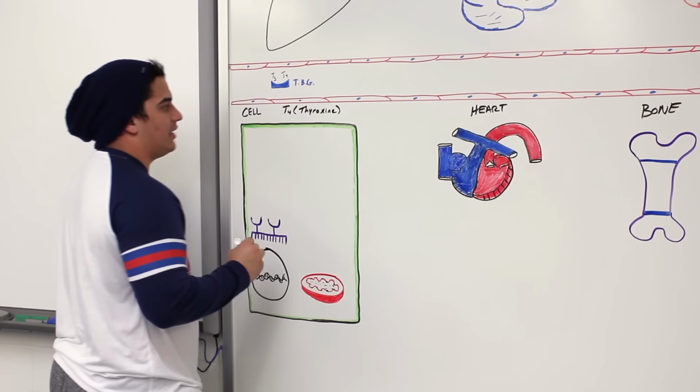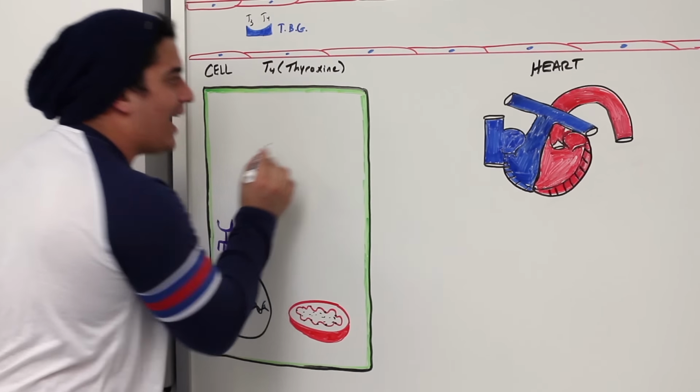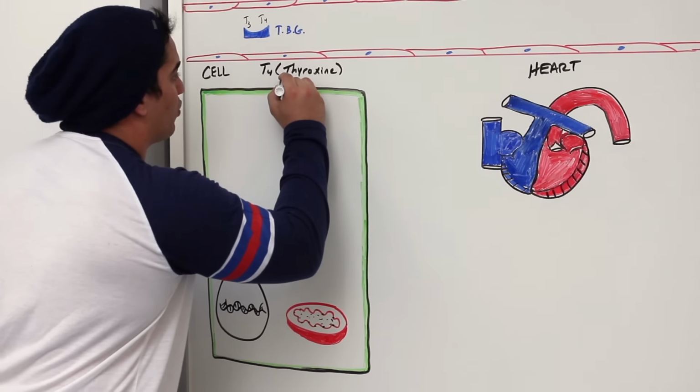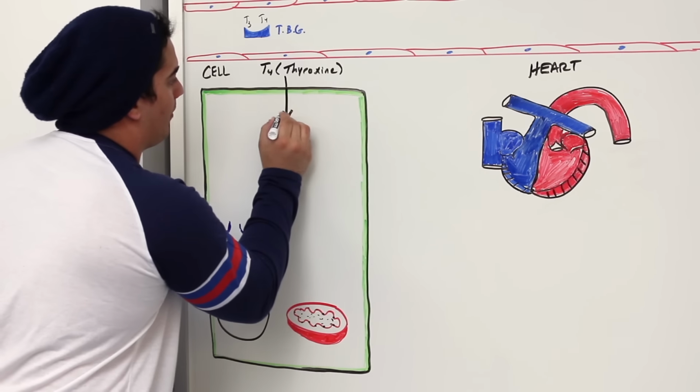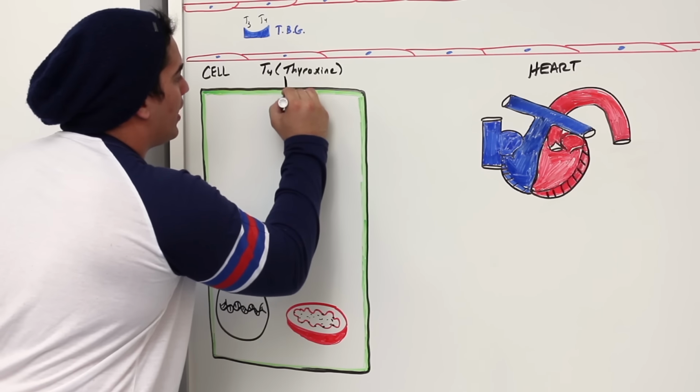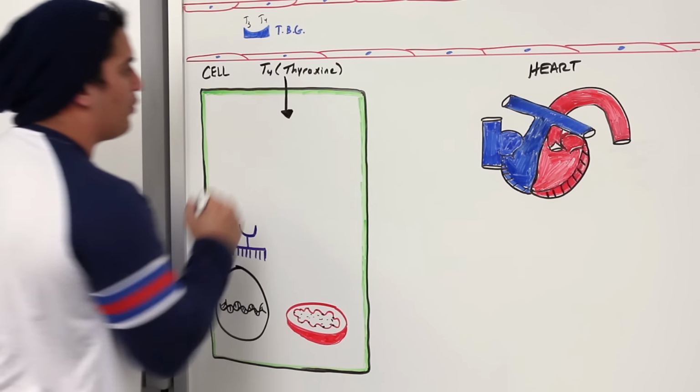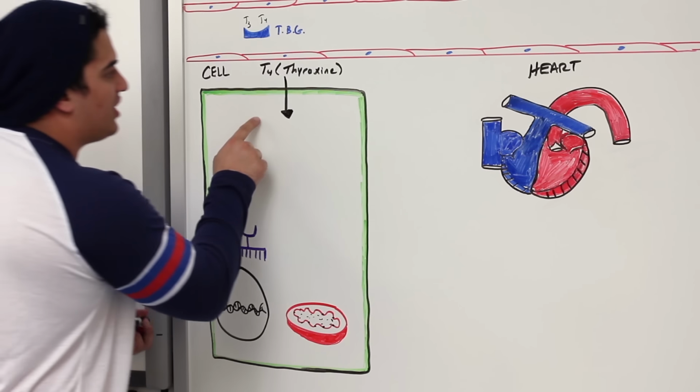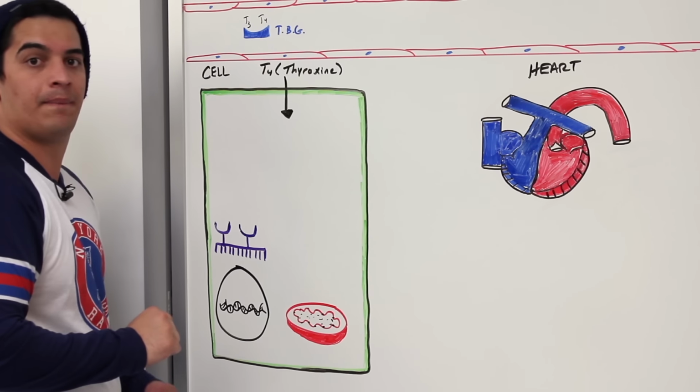T4, or thyroxine, has the ability to pass through the lipid bilayer. So look, it actually moves right through the lipid bilayer. When the thyroid hormone gets into this target tissue, there's a specific set of enzymes in this area.